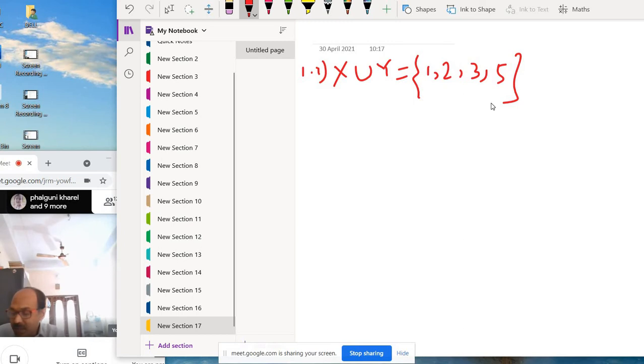So less than 6 means 1 to 5: 1, 2, 3, 4, 5. Join the two sets. Now A union B.